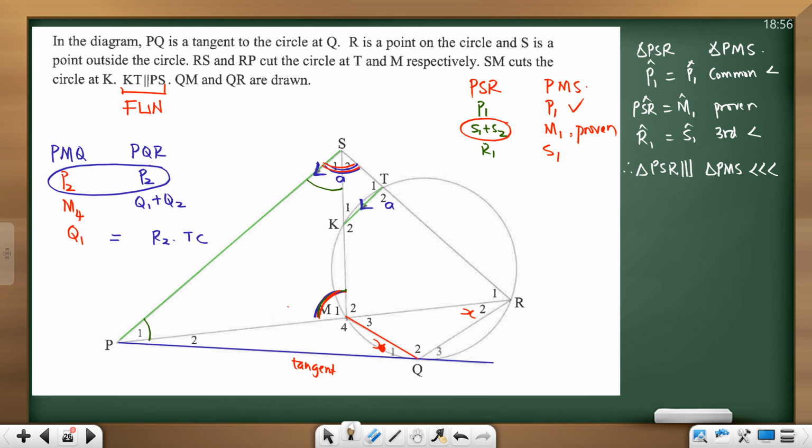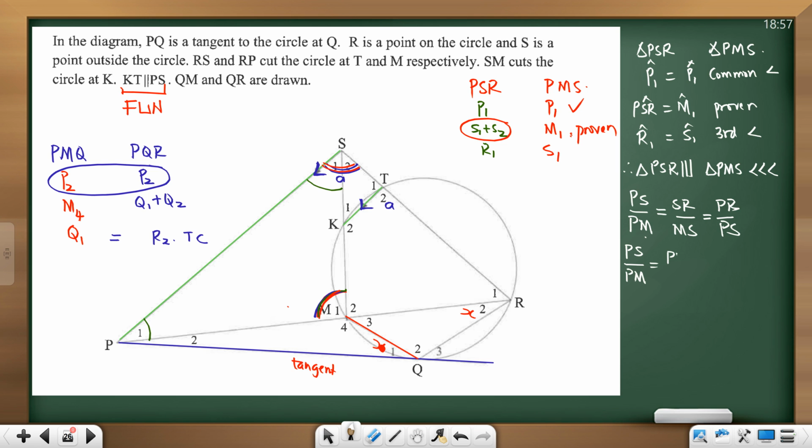Once I do that, can I write my ratio? What do I have? PS over PM, SR over MS, PR, but I know what I'm looking for. This middle one is useless, right? So PS over what?